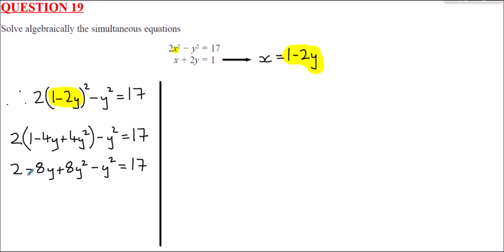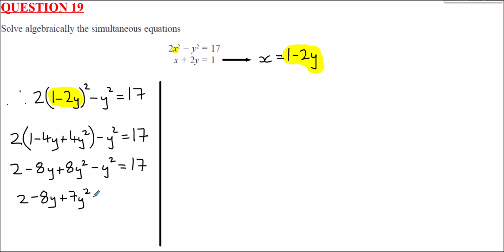So next we can simplify slightly. So we have 2 minus 8y. Now 8y squared minus a y squared gives us only 7y squared. Now the next thing I'm going to do is see if I can get this onto one side equaling 0.